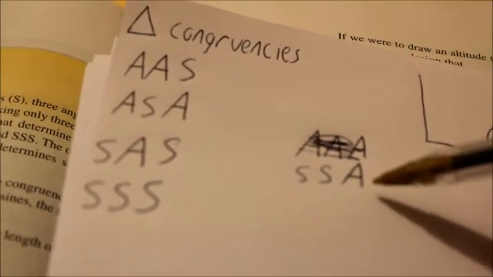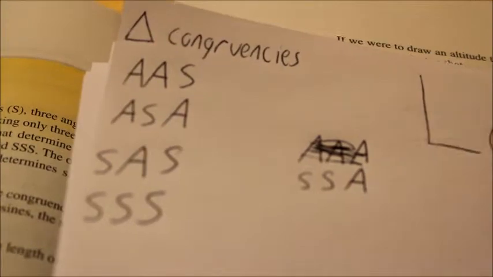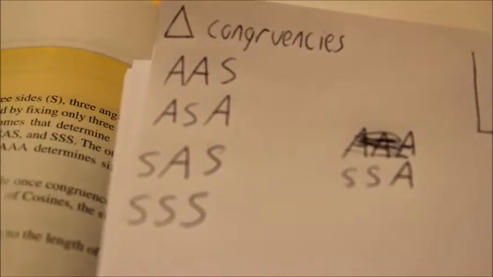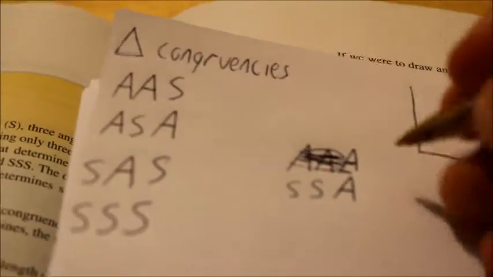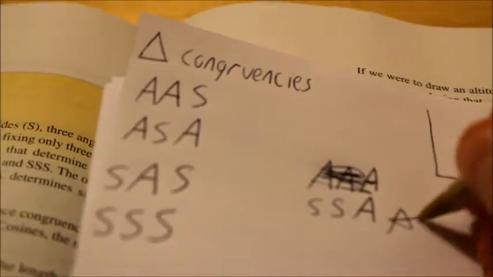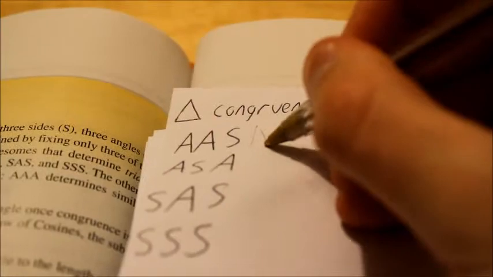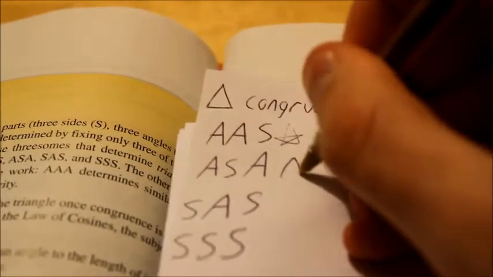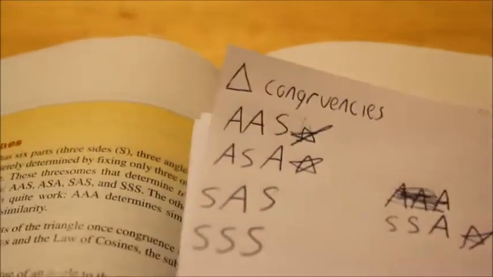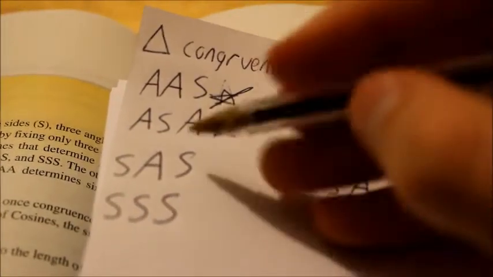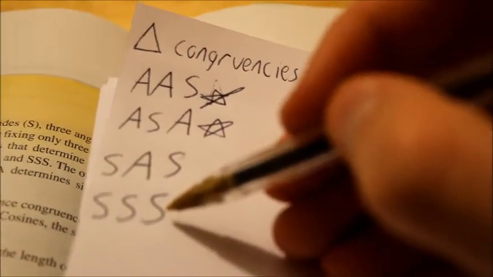Side side angle is one of the triangle identities that we will see, which can be used for the law of sines. In addition to side side angle, we will also be using angle angle side and angle side angle for our law of sines. Side angle side and side side side will not be used.